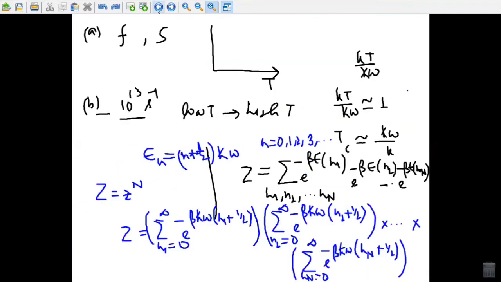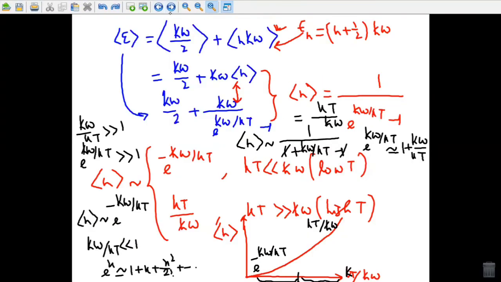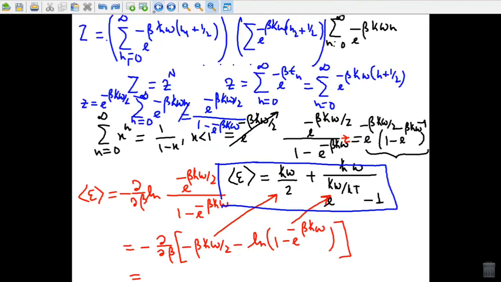E equals minus del ln Z del beta, that is minus N del ln small z del beta.